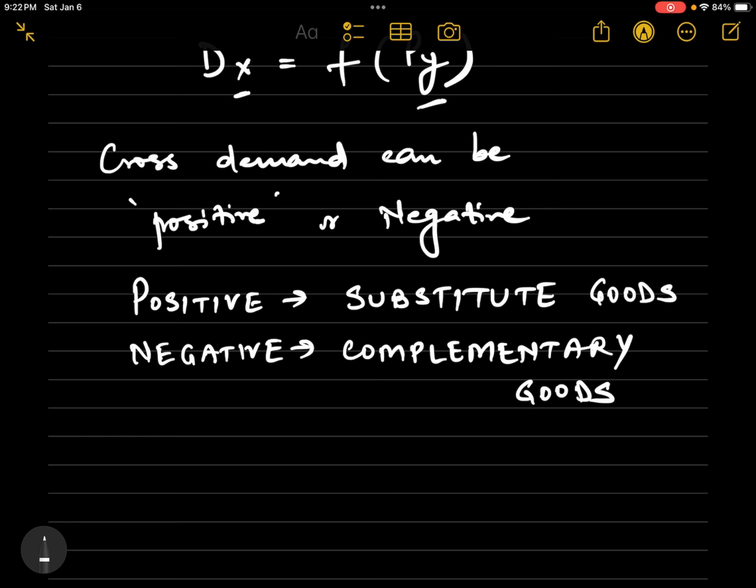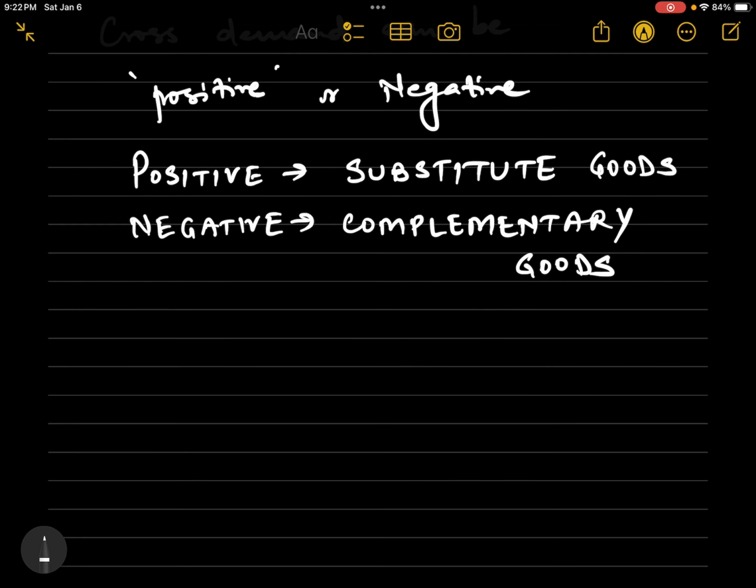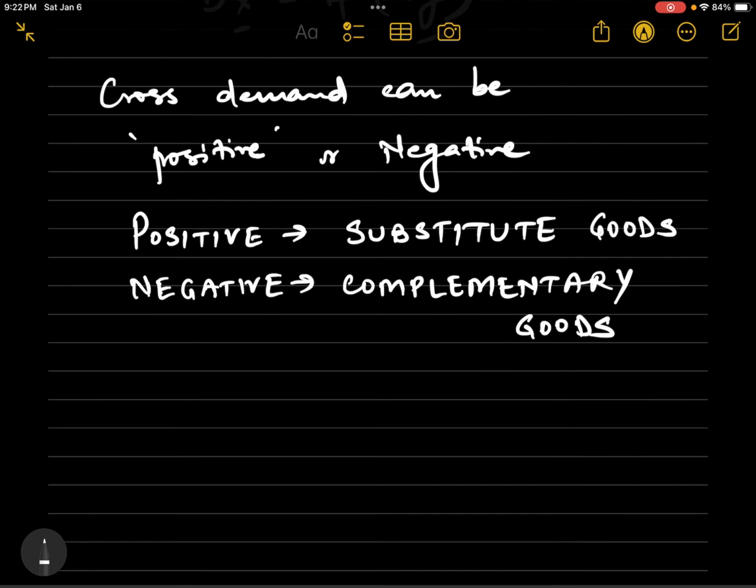For example, in the above example, we understood about tea and price of coffee. But now, if price of coffee goes up, what will happen to the demand curve for tea? That is what we are going to understand in the next section.